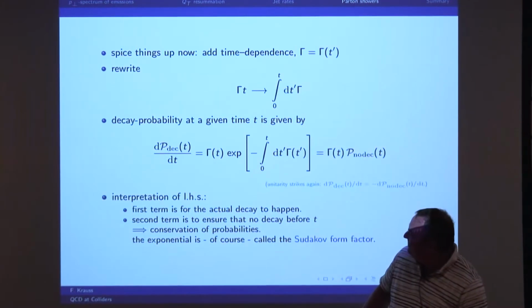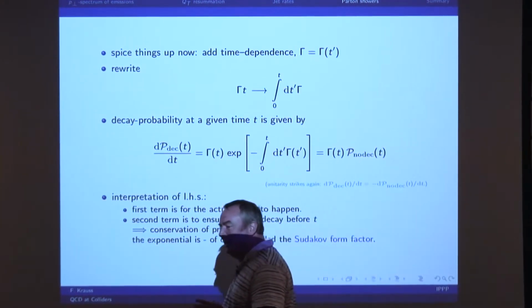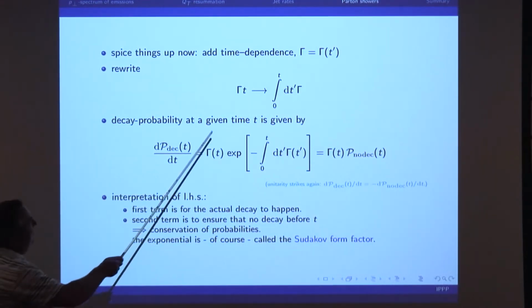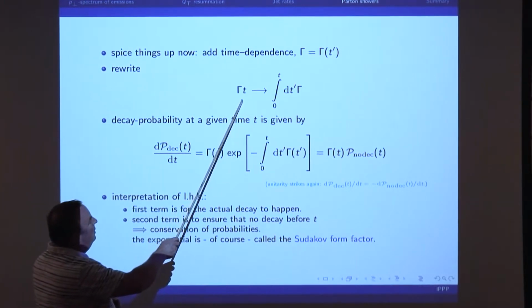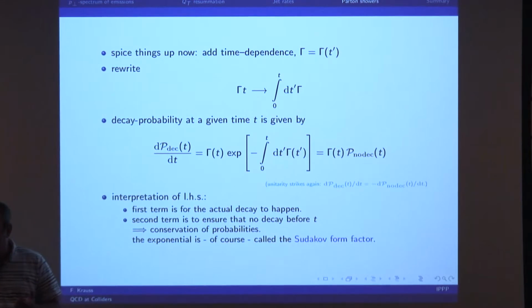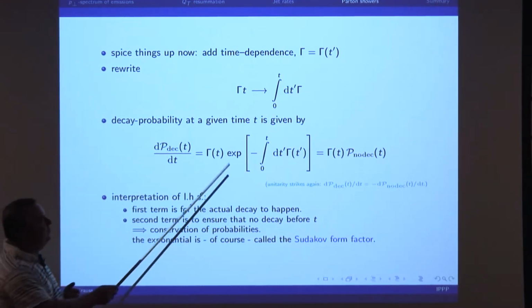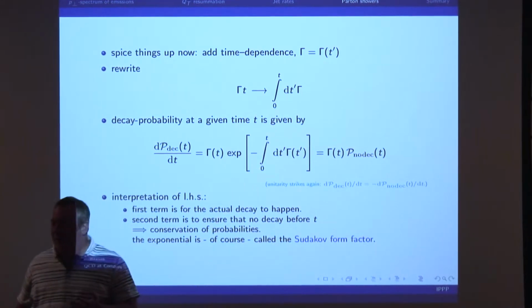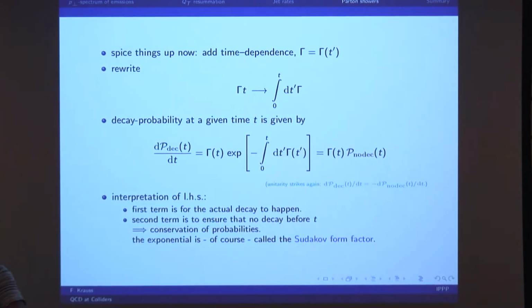Now, let us make life a little bit more complicated. In a fantasy world, let us say our decay rate, 1 over tau, gamma, isn't constant, so it depends on time. So instead of doing gamma t, you have to integrate over time, because this gamma may change with time for whatever bizarre reason.